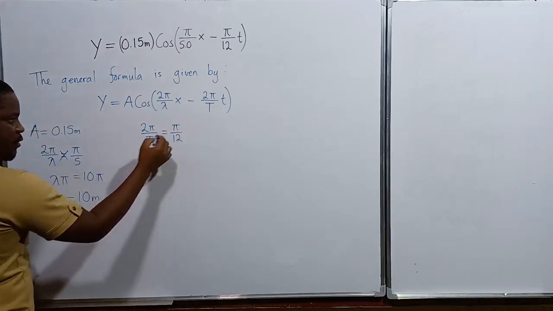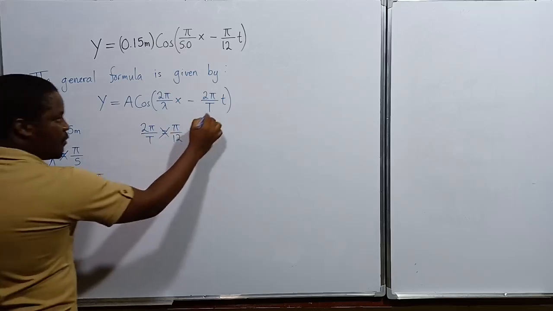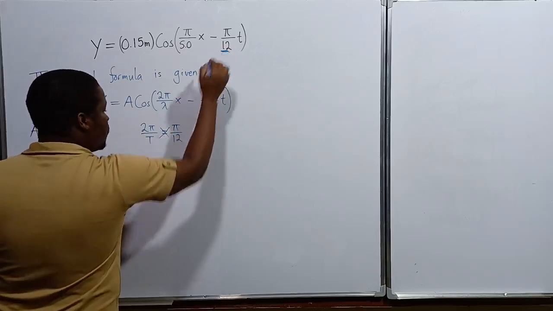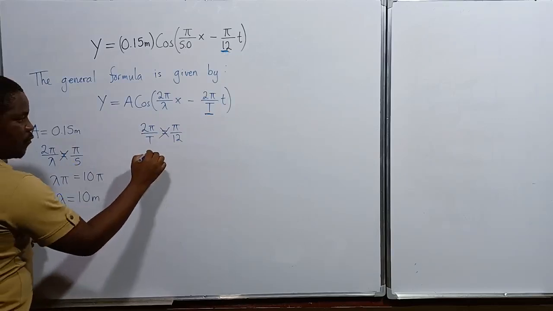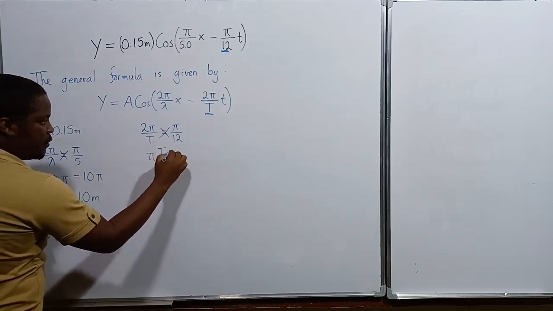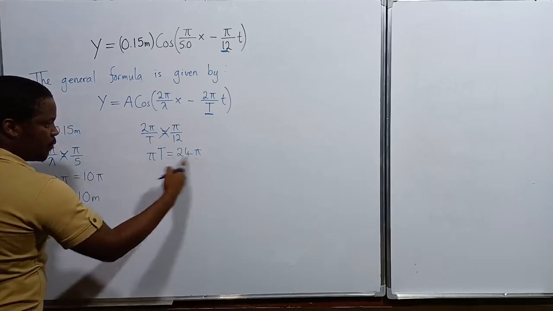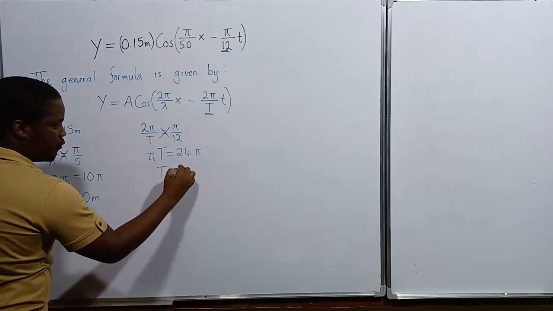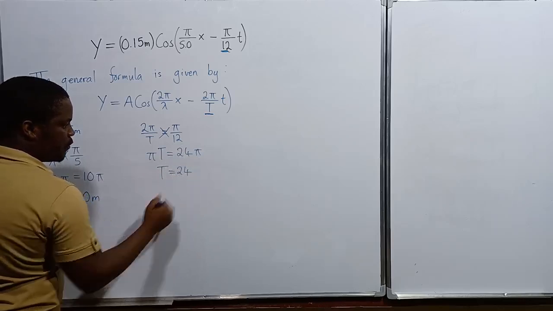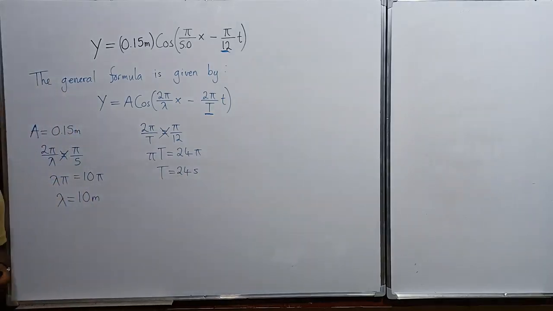I'm looking for T. If I cross multiply, we have pi T is equal to 24 pi. Cancel pi on both sides. Hence T is equal to 24 seconds.